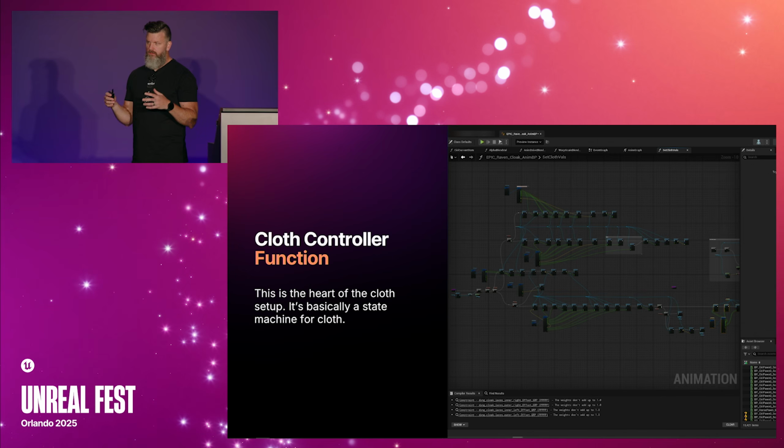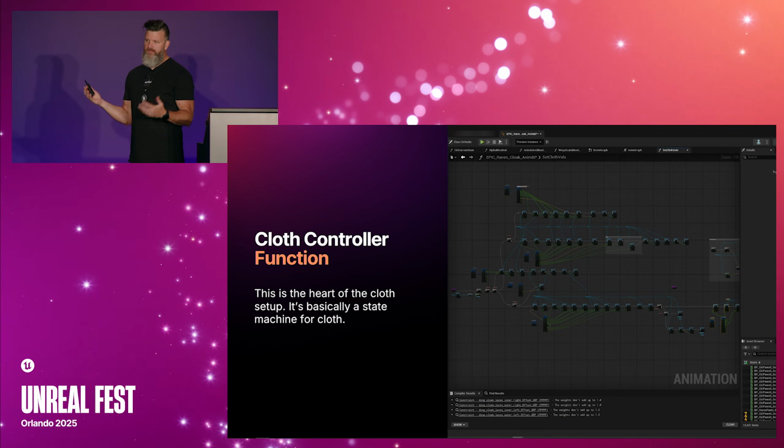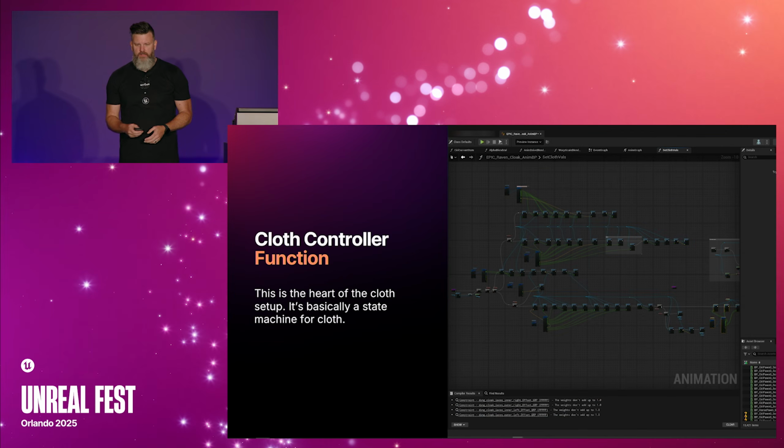There were certain scenarios, like when she was on the Vista, and we needed some more dynamic wind, that just one set of values is just not going to work. So what this function does is basically go through, and depending on what she's doing, it sets certain states, and then based off those states, I set cloth values.